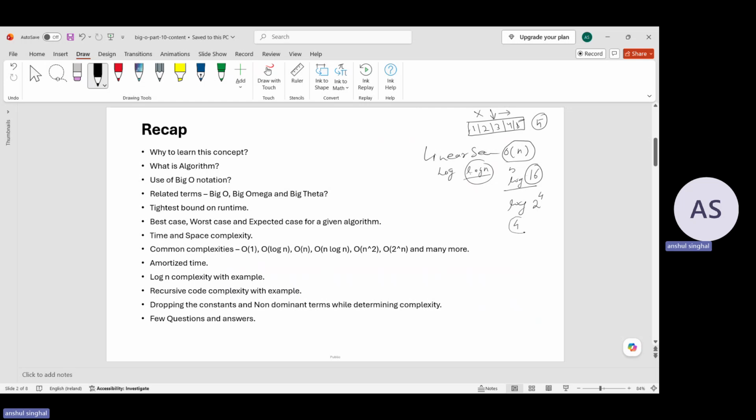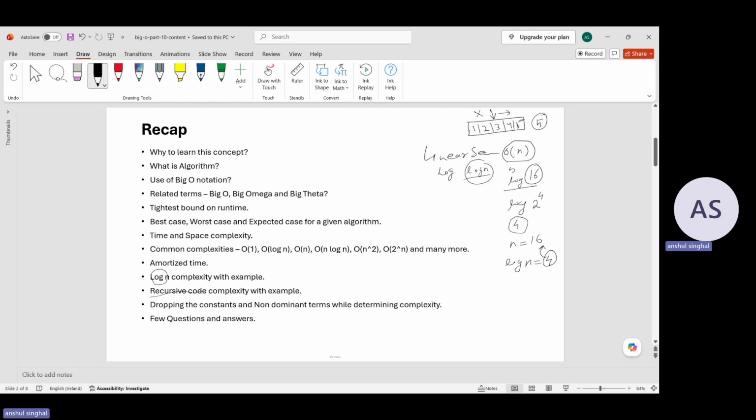So I will just take 4 steps. So if my n is 16, then my log n is going to be 4. So it means in 4 steps, I will find whether the number is there in the given array or not. So basically, we talked about this log n complexity with an example of binary search.